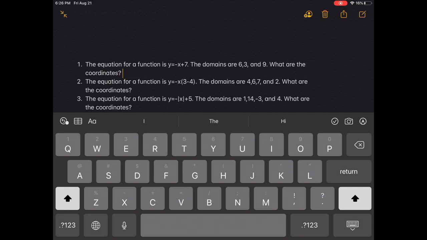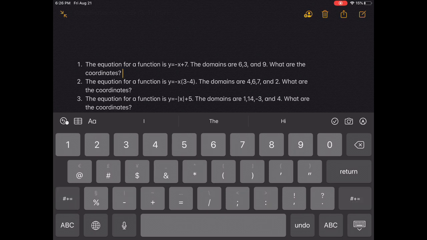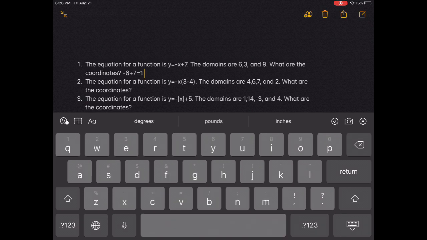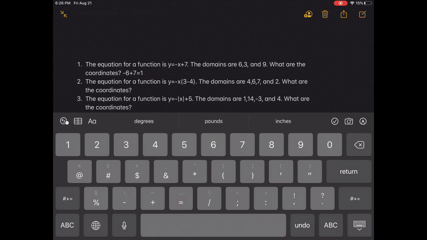So for the first problem, it says the equation for a function is y equals -x plus 7. The domains are 6, 3, and 9. What are the coordinates? Since the domains are the x values, for the first one, it's -6 plus 7, and that will equal 1. For the second one, it's -3 plus 7, and that will equal 4.